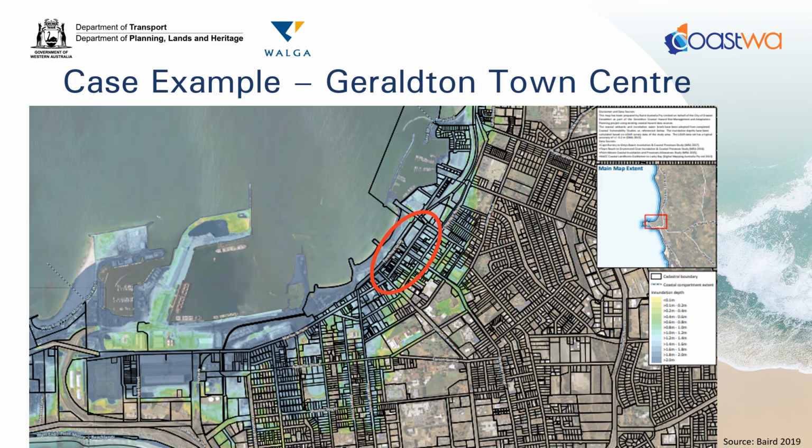Now, this area is at an elevation of about 2.3 metres AHD, but you can see based on these plots that there's certainly inundation that could happen in the event being considered in this design event.